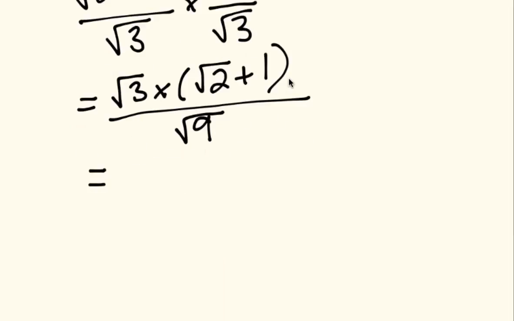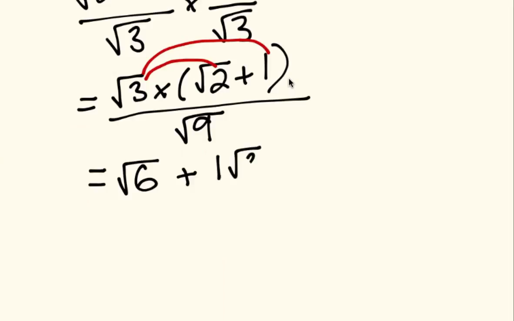Expanding this, so some people like to draw a line in, so 3 times root 2 and 3 times 1, you can do that, that's perfectly fine. 3 times 2 gives 6, so square root 6 plus square root 3 times 1. Well, technically it's 1 root 3, but I'll clean that up in a moment anyway, just showing you why. And the square root of 9 gives 3.